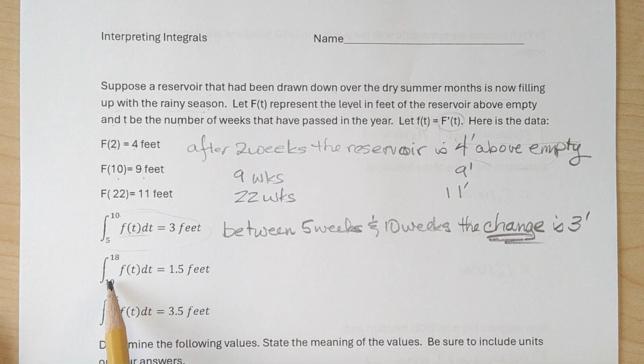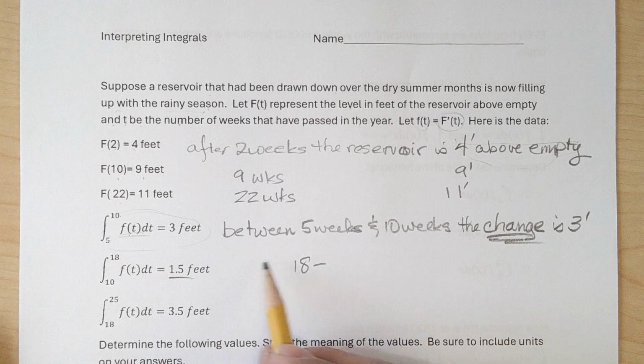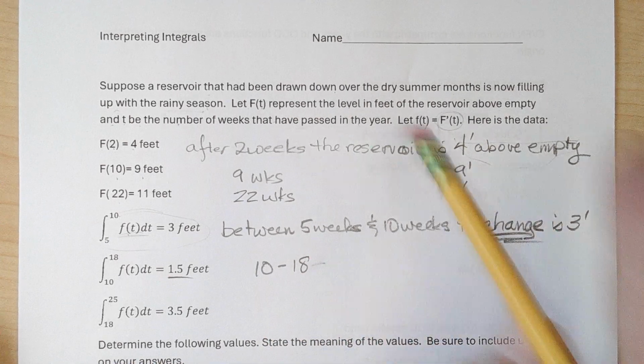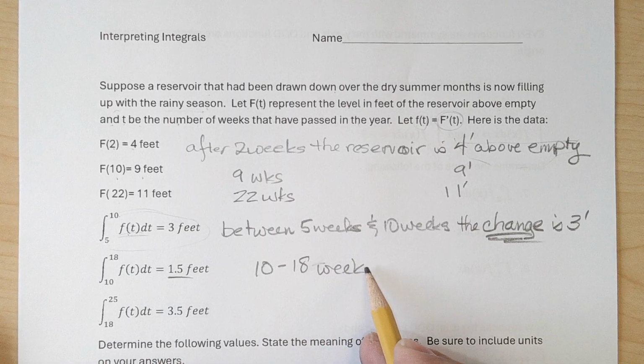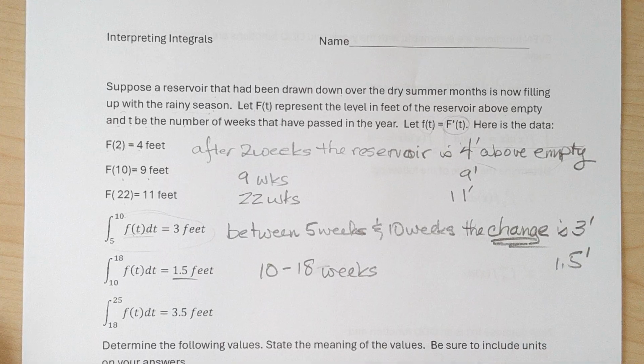This says between 10 weeks and 18 weeks, the change was 1.5 feet. 10 to 18 weeks, in that change, it was 1.5 feet higher.